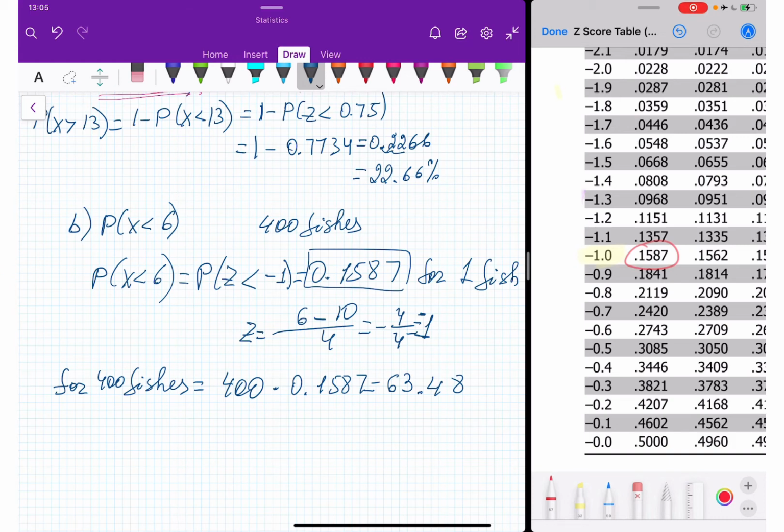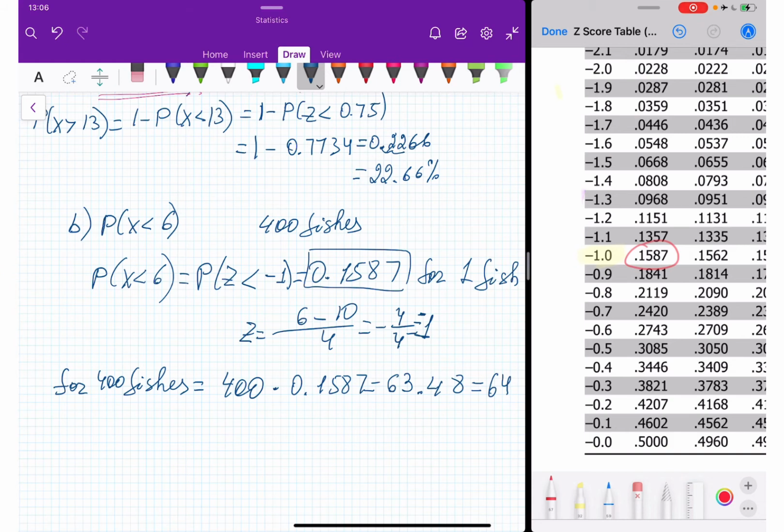In this case, I got 64 if I round it up, so I'm not getting half of a fish, so it's going to be 64. We expect approximately 64 fishes to be shorter than 6 inches.